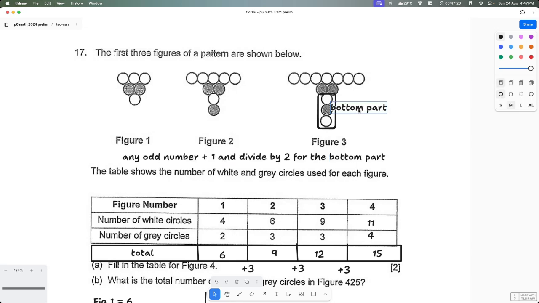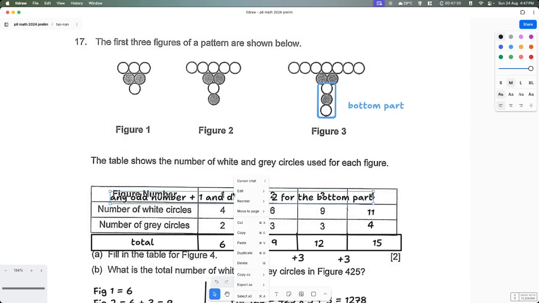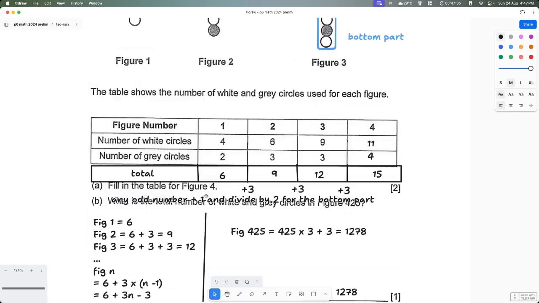Okay, let me just make this blue color. This is the bottom part, divided for the bottom part. So we know that that's the white one.